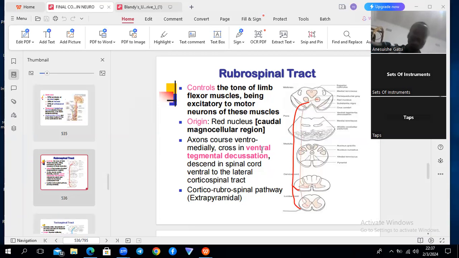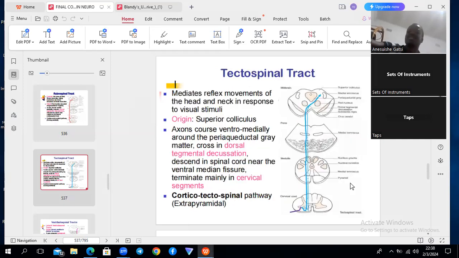So anatomy is easy. Where there's a ventral tegmental decussation, I'm also going to have a dorsal tegmental decussation. And already I told you guys that there's something called the tectospinal tract. And the tectospinal tract is the one that will create the dorsal tegmental decussation. The tectospinal tract, I say that it comes from the tectum.